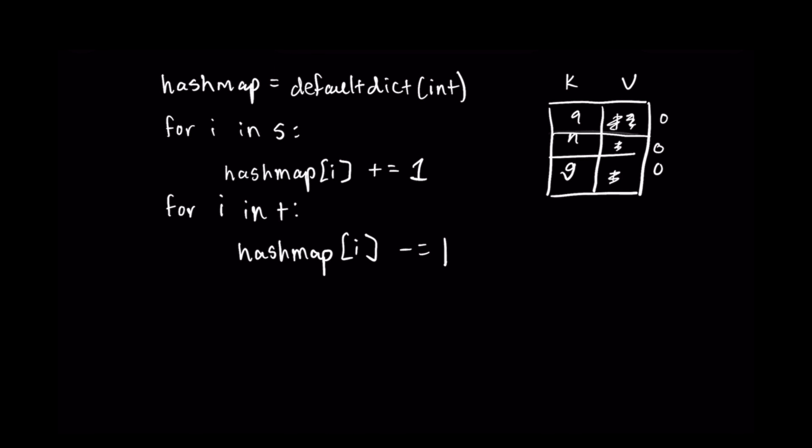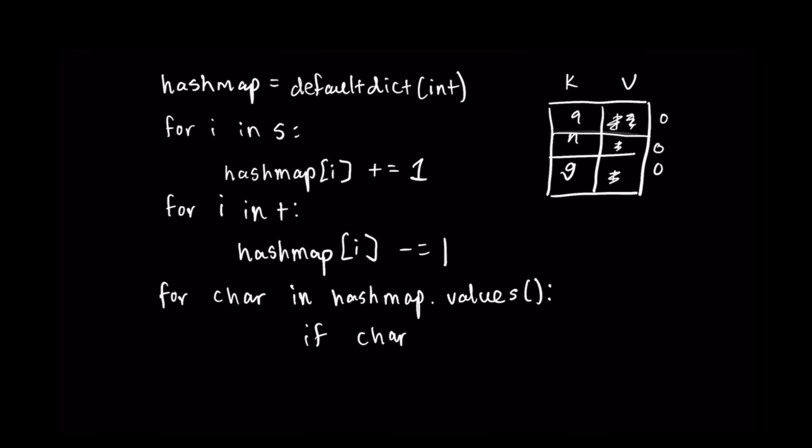And now, whenever we write our final for loop comparing the values, we can write something like for character in hash map, and this time we're not looking at the keys, we're looking at the values. So we can use the values keyword here. For every character in hashmap.values, if the character is not equal to 0, we can return false.